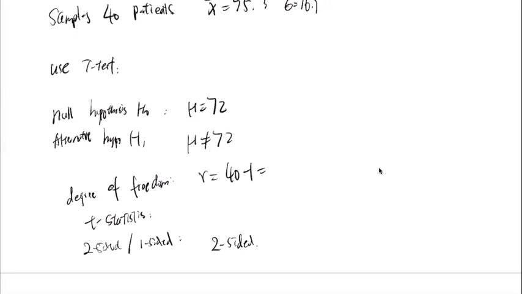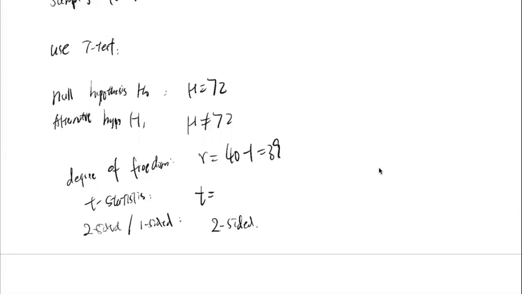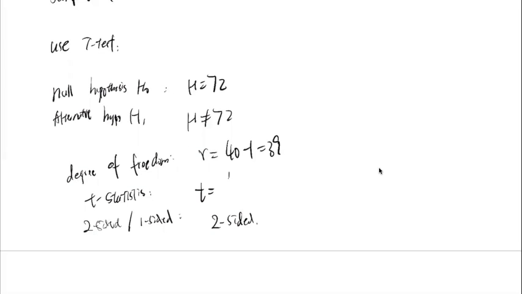The sample size is 40, so the degrees of freedom is 39. The t-statistic is calculated in the same manner as the z-statistic: our measurement 95.3 minus the mean 72, divided by the sample standard deviation over the square root of the sample size, 40. We get roughly 8.72.